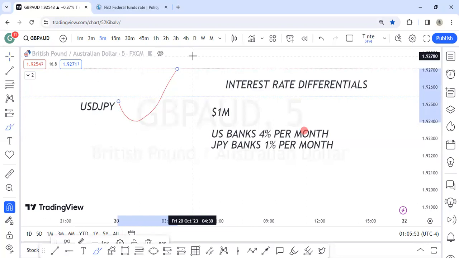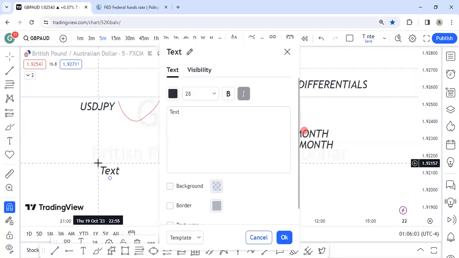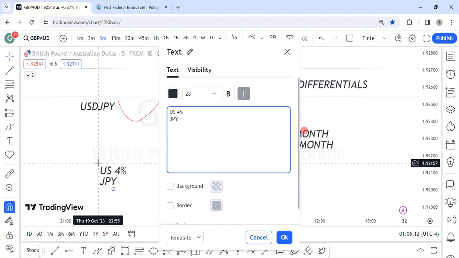And you want to be trading currency pairs where the interest rates are quite different, right? You don't want to be trading pairs where, let's assume, if you want to hold the trade for a long time, say the US is at 4% and JPY is at 3.9%. The interest rate is not much different because they are very close, right?